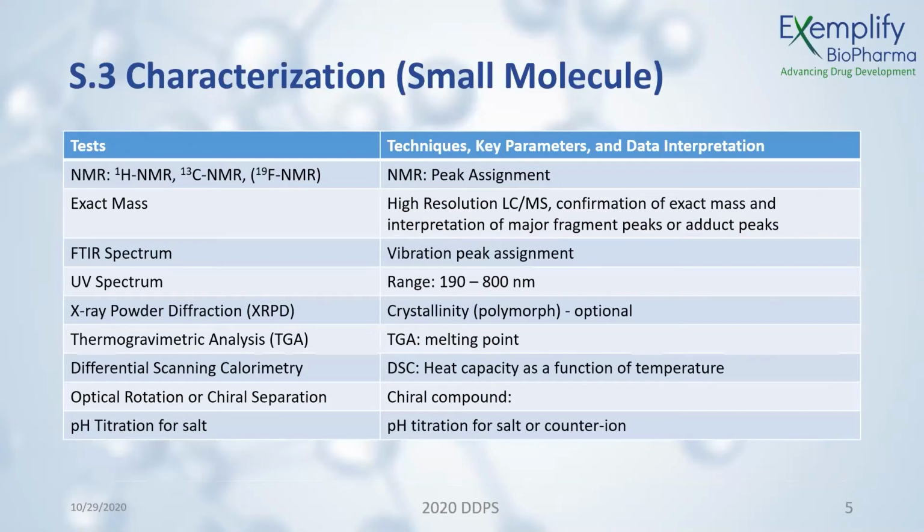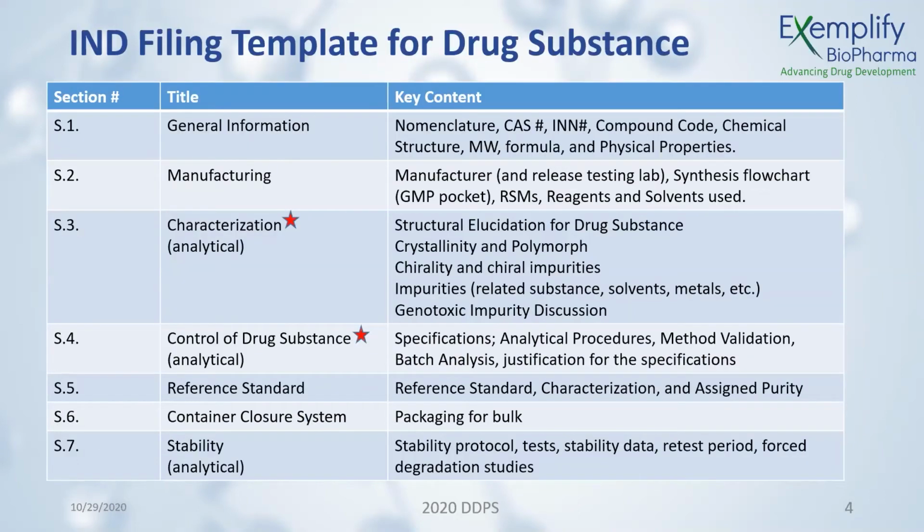So, with the time constraint, I'm going to focus on S3 compound characterization and S4 control of drug substance, which is focused on the analytical chemistry, because this information needs to be appropriate in your RFP.